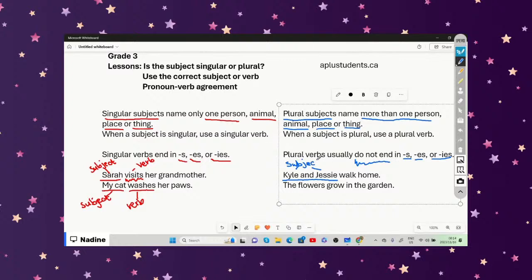So they are the subject. And what do they do? They walk. This is the verb. They walk home. And as you can see, it does not end in an S or ES or IES.